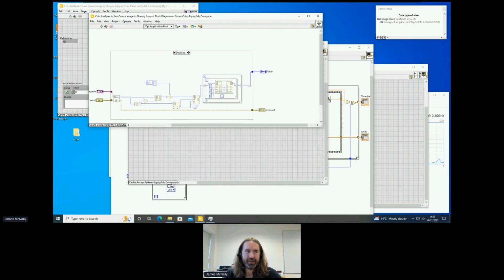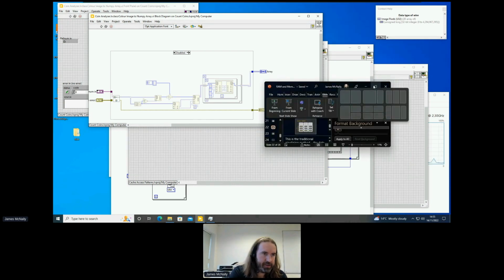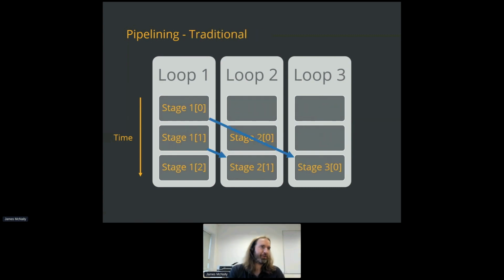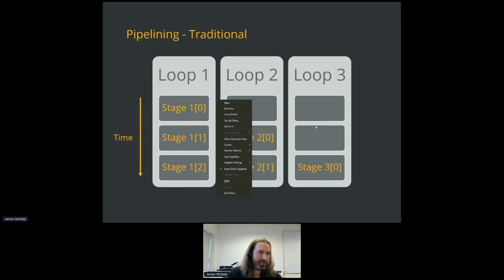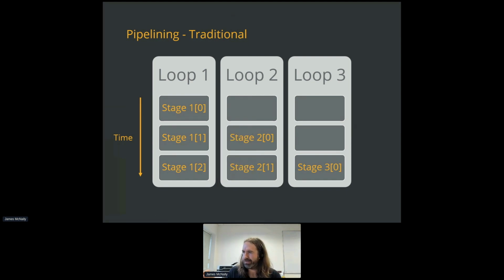Cool, right. I am going to skip the next slides. Well, I'll quickly talk through this, but I won't show the demo because I'm running out of time. But another thing I'd have to think about with this is pipelining. So pipelining, traditionally, you're passing data from one loop to the next. If that's then running on different cores, which you would hope, then it means you're invalidating all the cache as you go through.